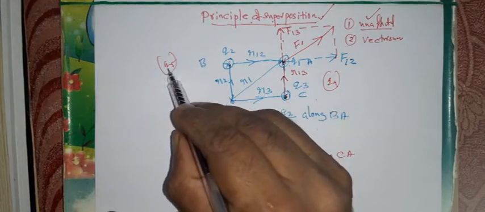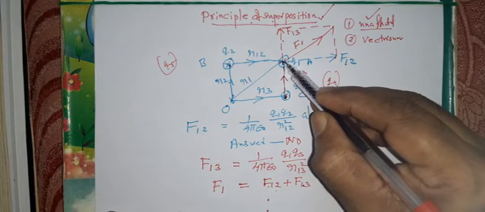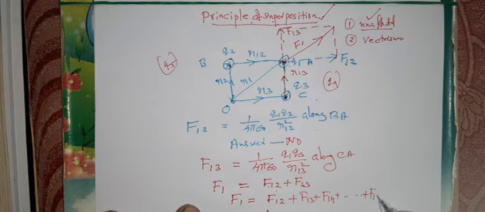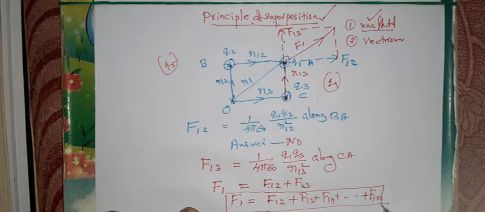Each and every charge will exert a force on Q1. Then the total force will be the vector sum of all the forces. That means F1 is equal to F12 plus F13 plus F14 plus etc. up to plus F1n, the force exerted by the nth charge on the first charge. This is the mathematical form of the principle of superposition.